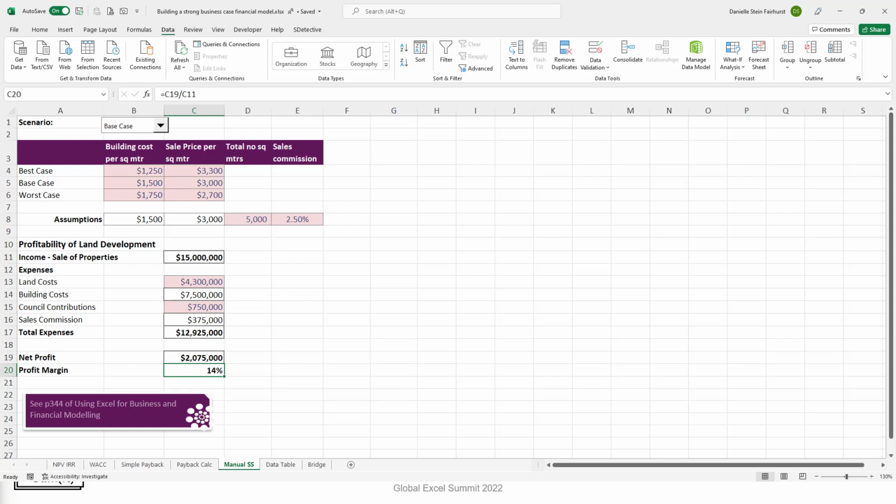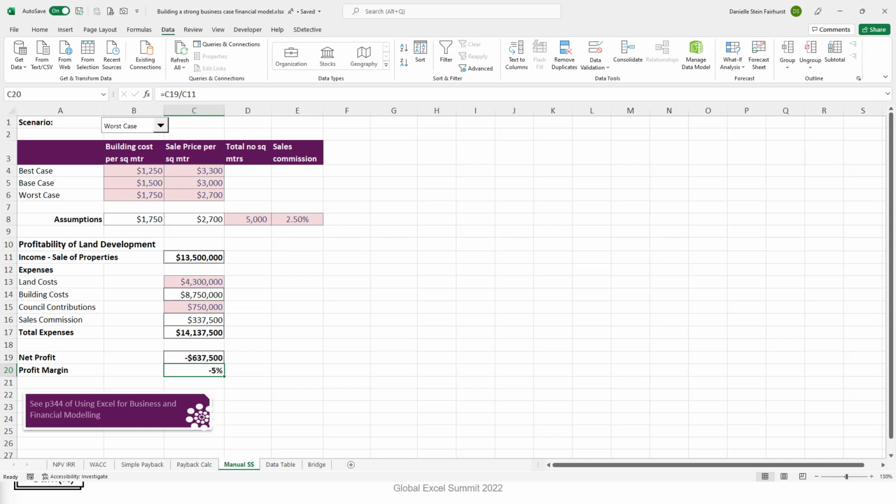If we were to manually change this, now this is done using a combo box, but of course you can use other methods: a data validation drop down, tick boxes, radio buttons or simply numbers, just some kind of manual switch to physically switch between best case, base case and worst case, so that you can see all of the numbers flowing through the model.